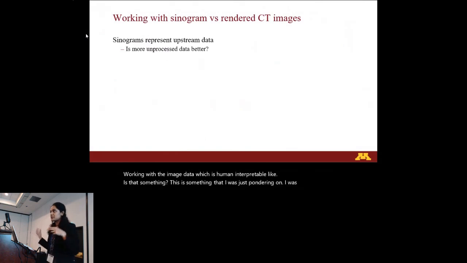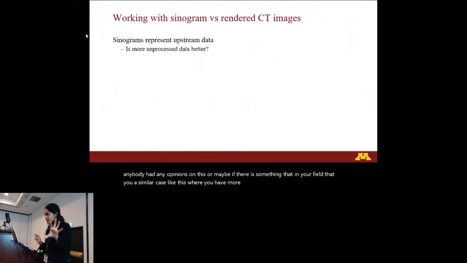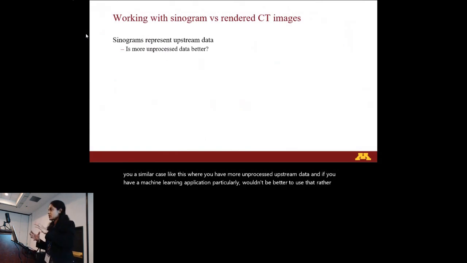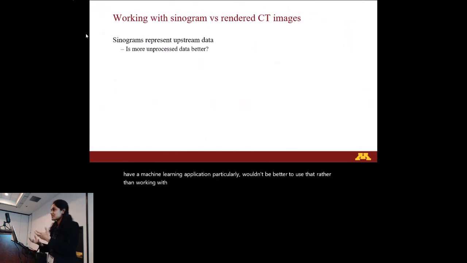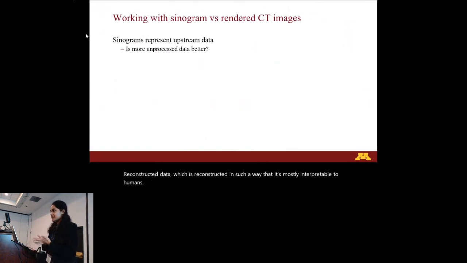I was wondering if anybody had any opinions on this, or if in your field there's a similar case where you have more unprocessed upstream data. For a machine learning application particularly, wouldn't it be better to use that rather than working with reconstructed data, which is reconstructed in such a way that it's mostly interpretable to humans? Anybody?